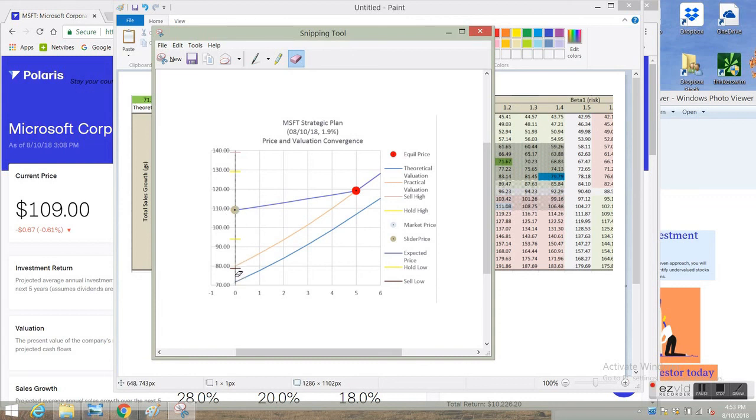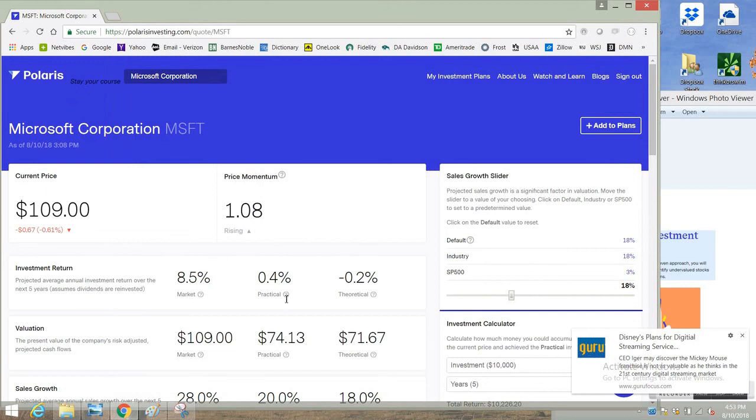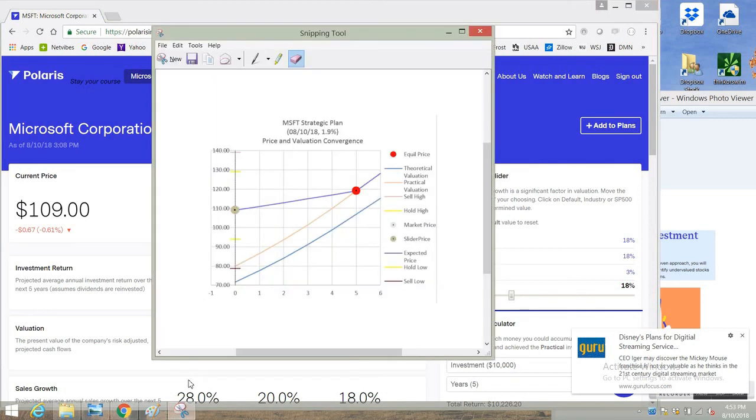So even with Microsoft, even if we take into account the current price of 110, we can only get to about $80 today, and then eventually 5 years from now to around $120. So if price is going to change from 110 to 120, that's not a whole lot of appreciation. In fact, you can see here that the investment return is being forecast to be very negligible for Microsoft. So anyway, that's a brief explanation of the concept behind practical valuation. Thanks.